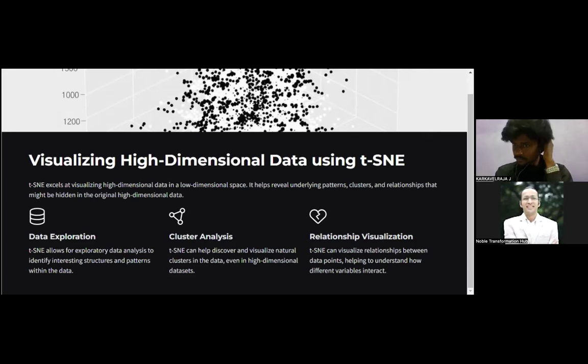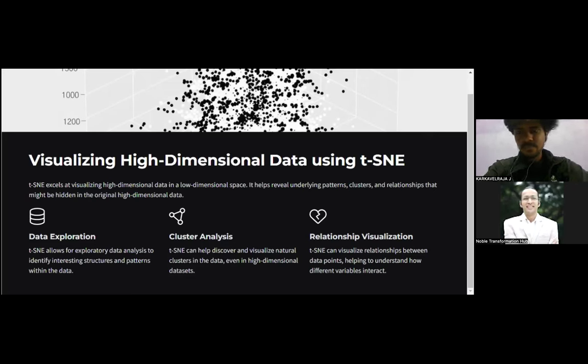It helps to reveal underlying patterns, which is the core essence of data science or AI ML. We have to understand the underlying patterns, clusters, and relationships, which might be hidden in the original high dimensional space.